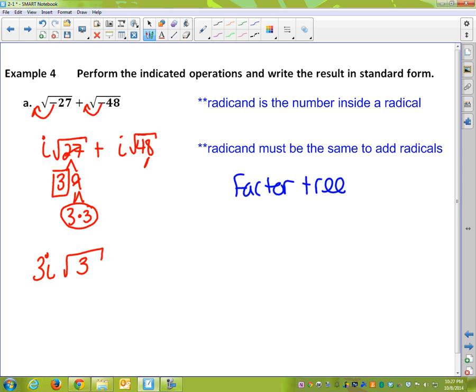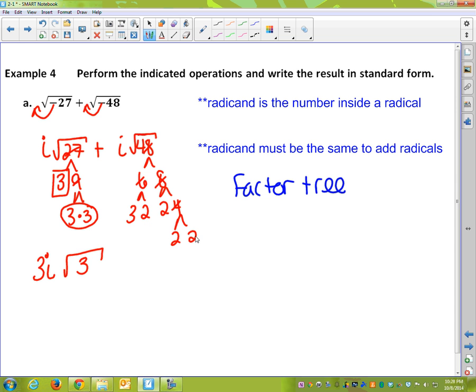Do the same thing with the 48. I'll do 6 times 8. The 6 I write as 3 times 2. The 8 is 2 times 4 and 2 times 2. I always like to go back and just cross off the numbers that I've factored.